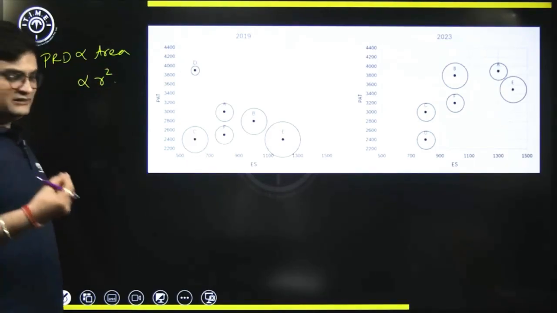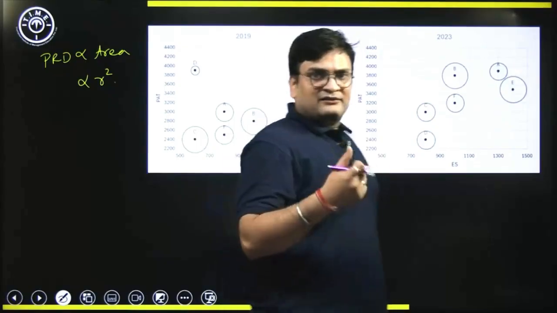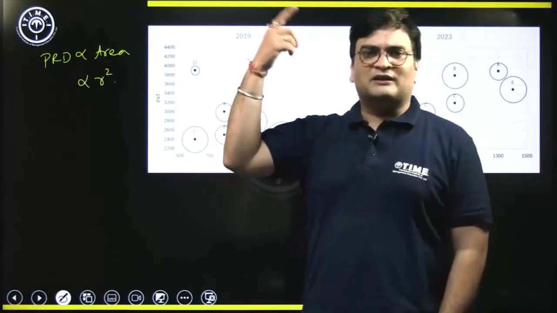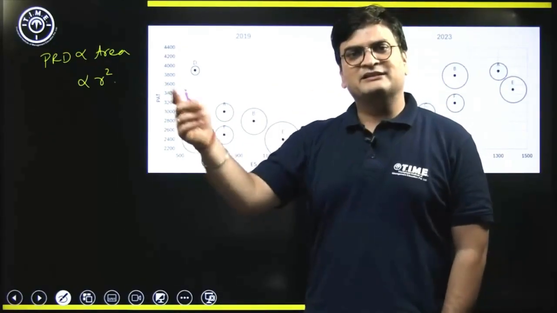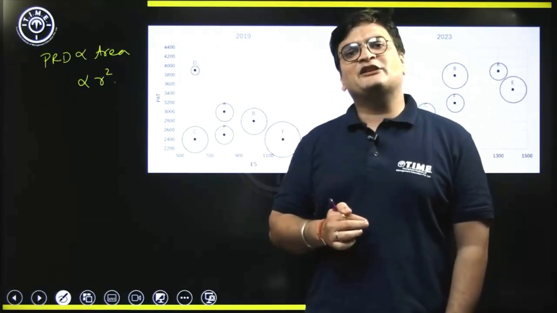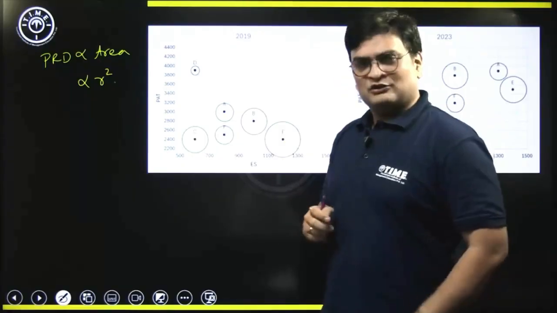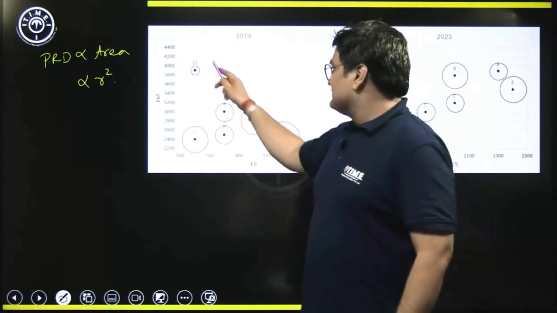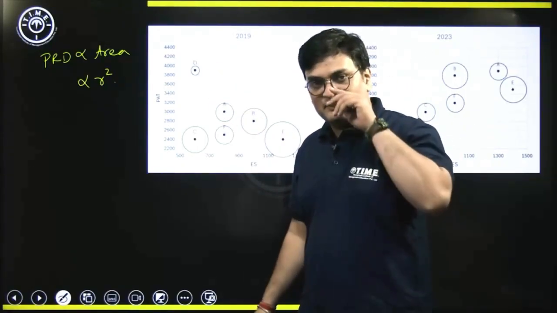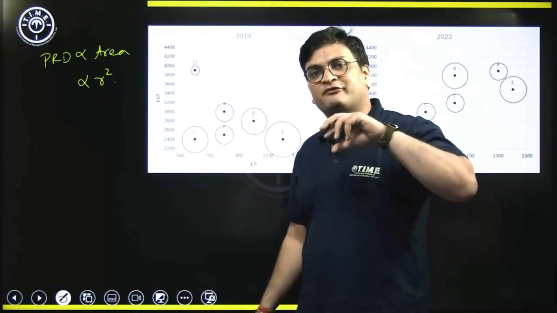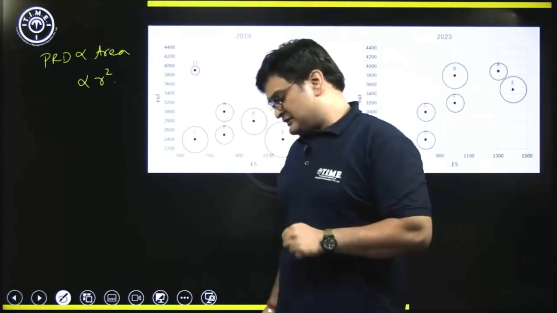If a circle has radius r, its PRD is proportional to r square, but if for some other circle it is 2r, then its PRD value will be (2r) whole square, that is 4r square. So the basic point is, if from one circle to another the radius doubles, the PRD value will quadruple, 4 times.